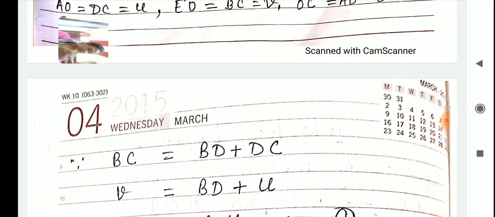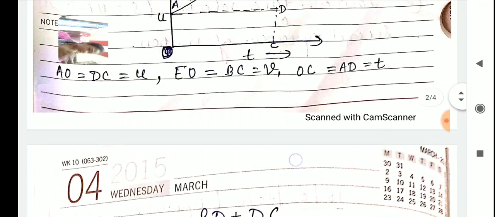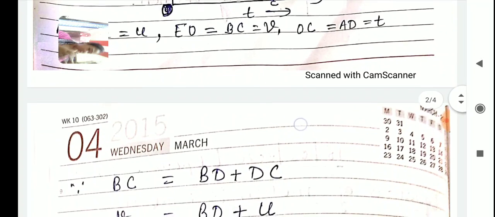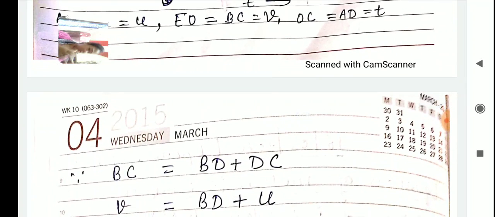Now we will place the values we are getting from the graph. As we already mentioned above, the value of the BC represents the final velocity of the object, equals to BD.